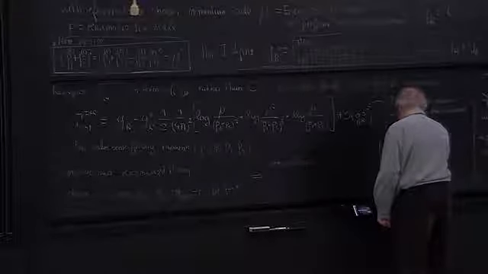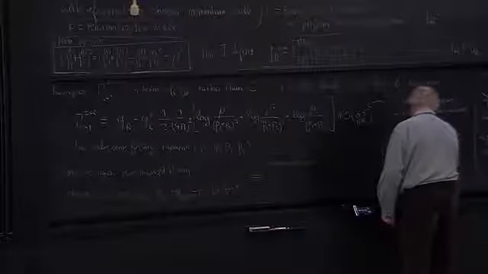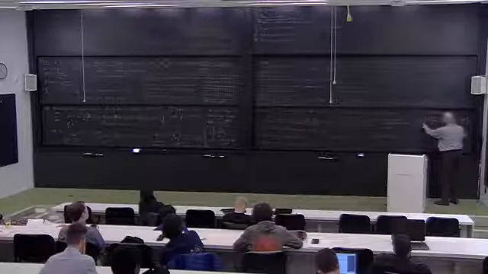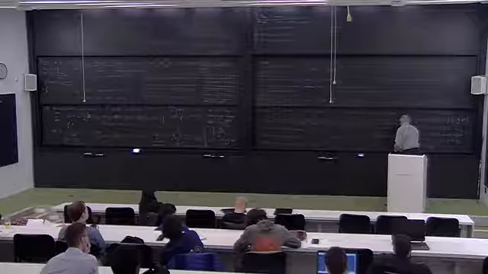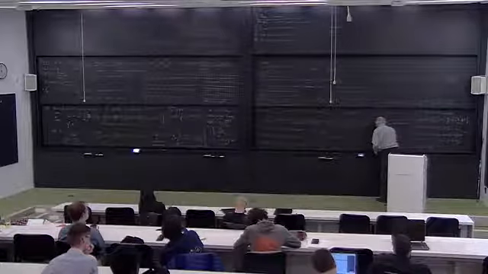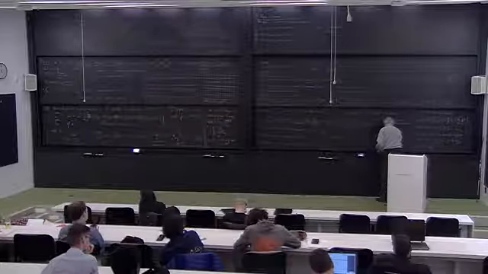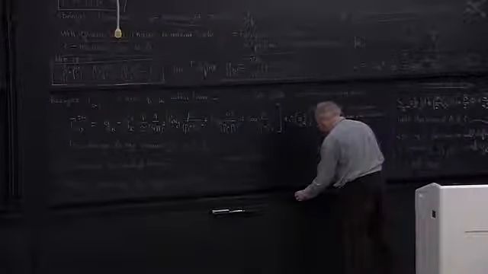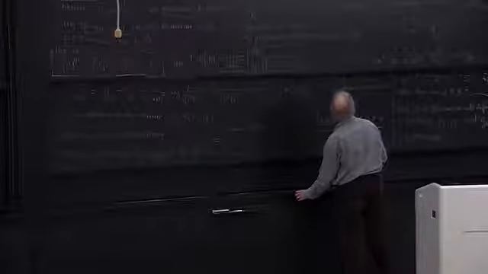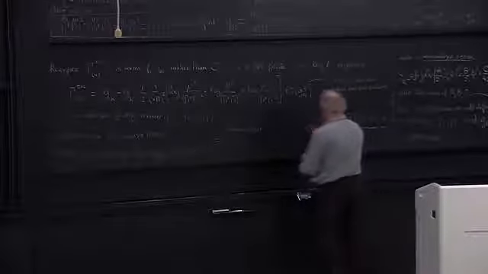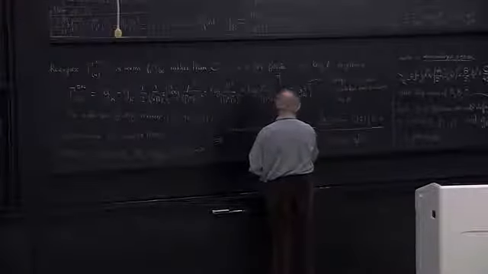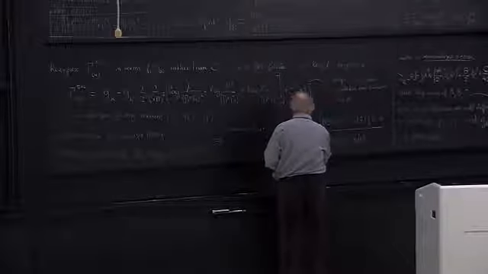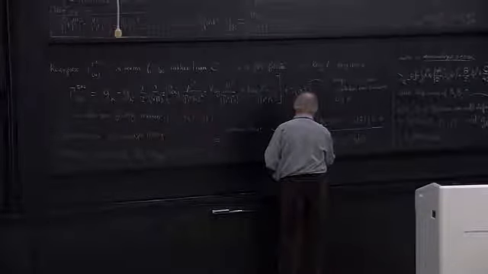if I construct a path integral out of this action, exponential of minus S_R of phi, with the renormalized action defined in this way, and I take a product of phi, and I divide by the integral of d phi exponential of minus S_R, so the path integral, the functional integral defined with this renormalized action, this defines a vacuum expectation value of products of operators in the renormalized theory.